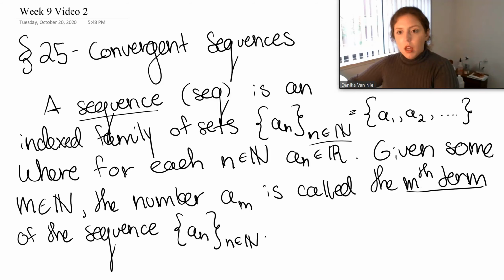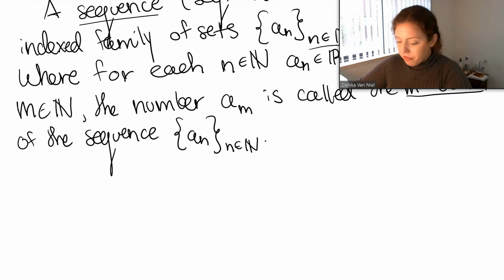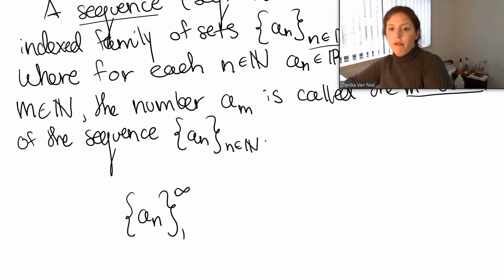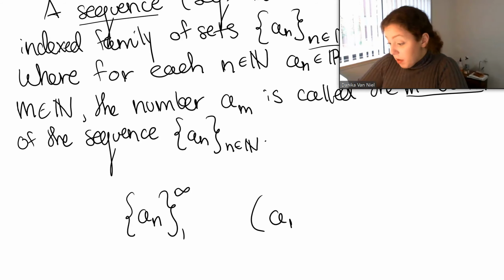Okay, so here's a few other ways that you might see sequences written. We have that one, and then we also have maybe this. It's kind of like the summation: you start at 1, you go up by intervals until you get to infinity. And then sometimes people put them in parentheses.